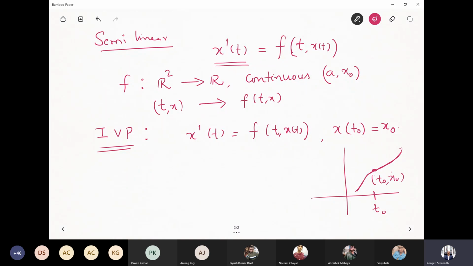If we are not able to solve some problem directly, we try to look at some equivalent formulations. So integrate this from t naught to t.